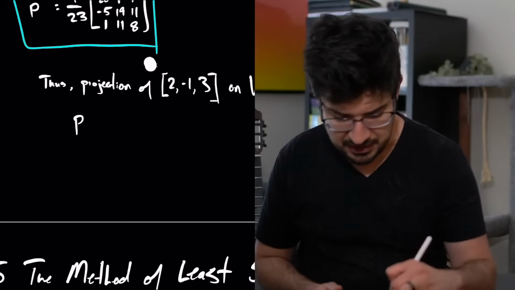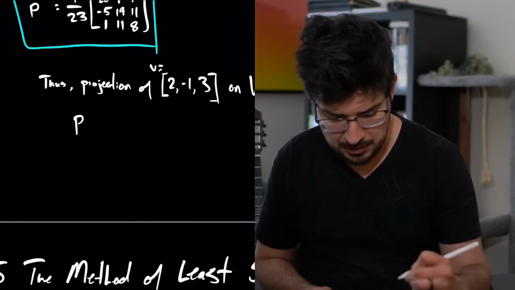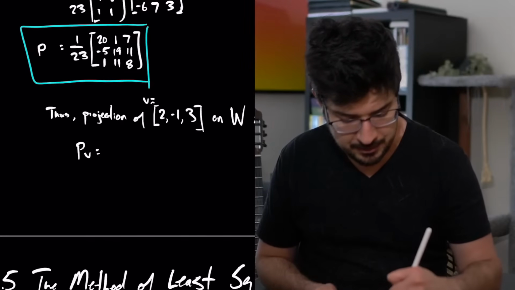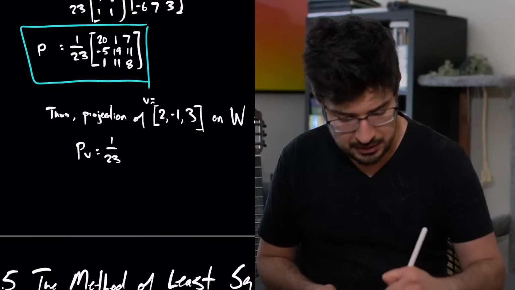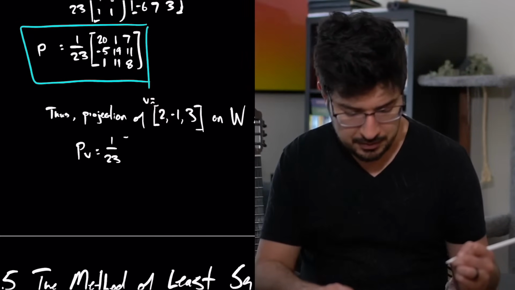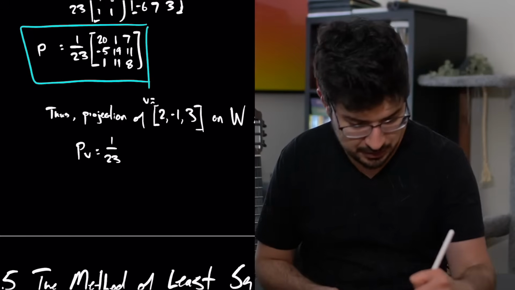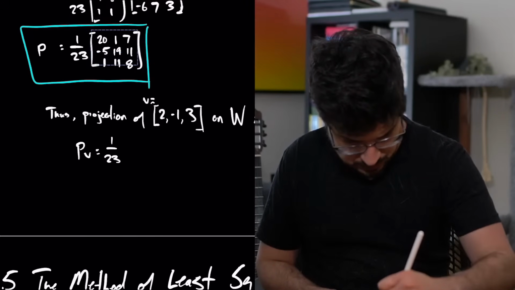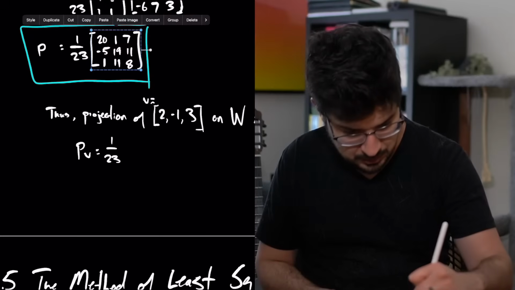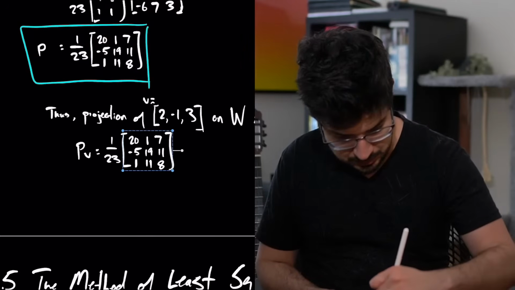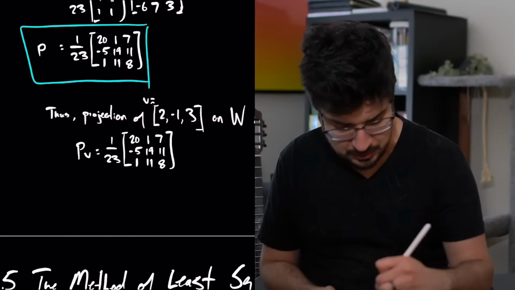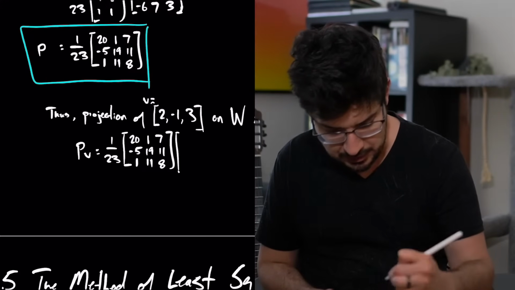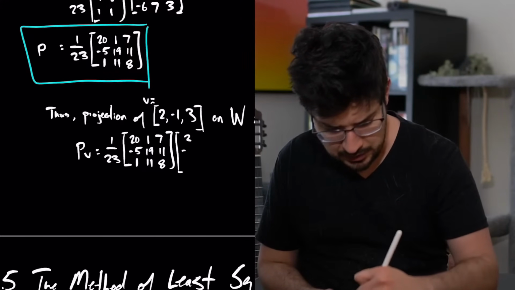I'm going to use V, which seems to make way more sense to me. PV is 1 over 23. Let's copy that whole matrix times the column vector 2, -1, 3.